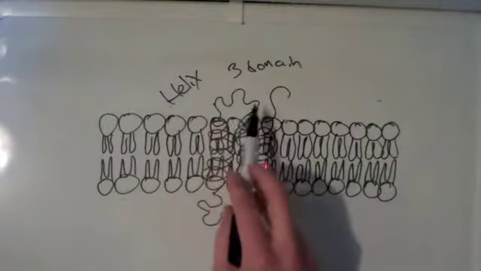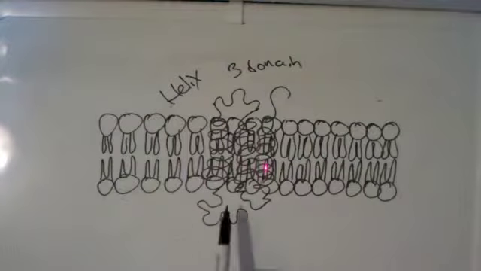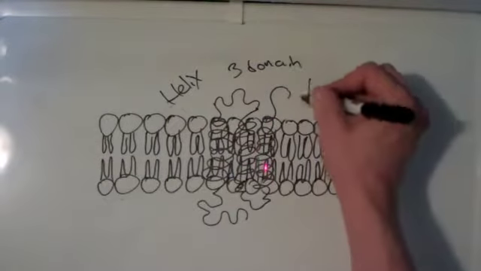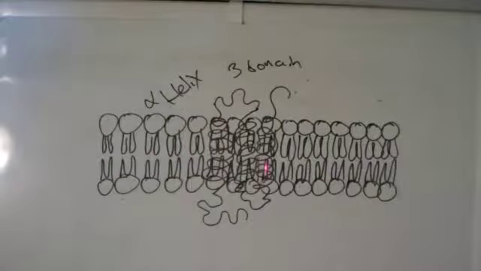And these parts of the protein are going to be able to react with things on the outside and communicate with what is on the inside. So this is an alpha helix. Put that over here. Alpha helix.